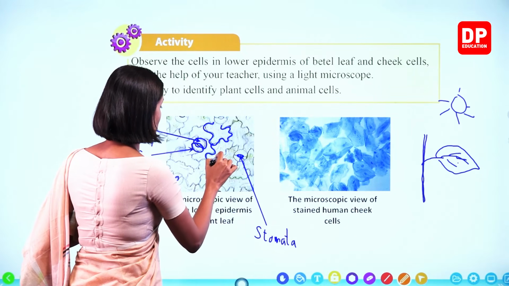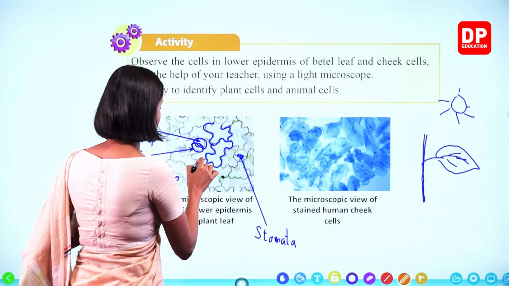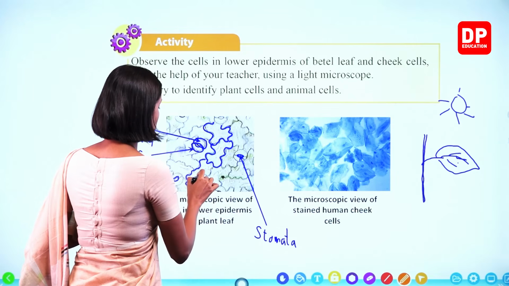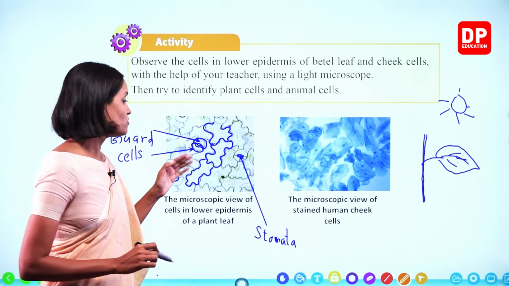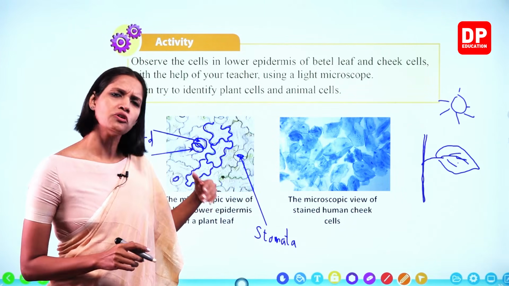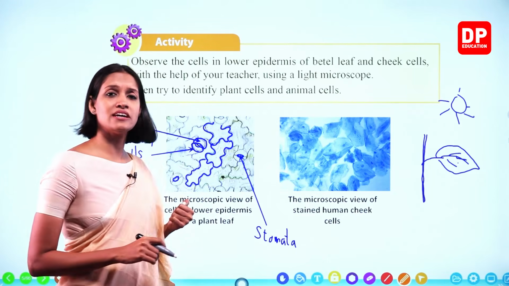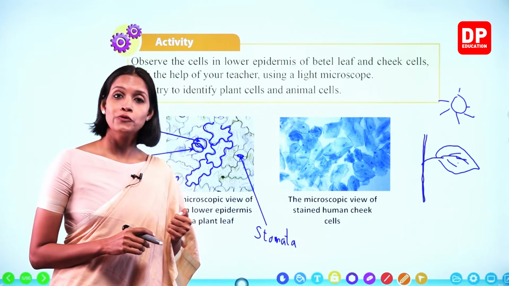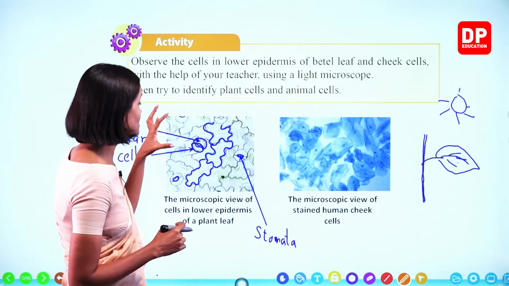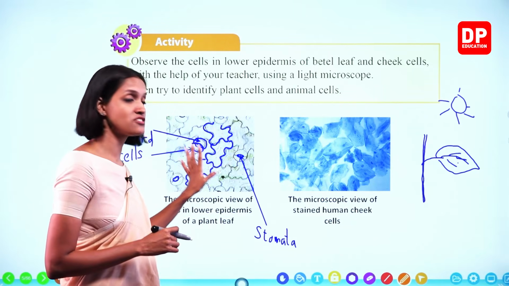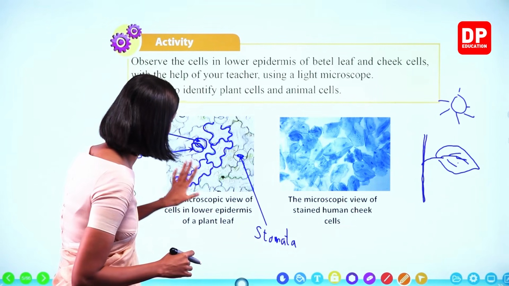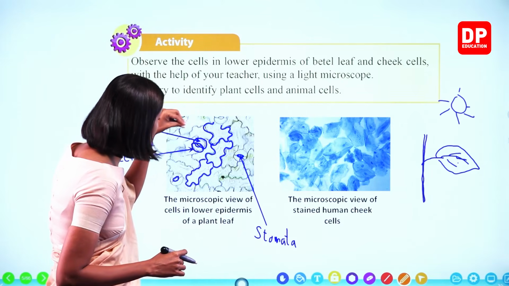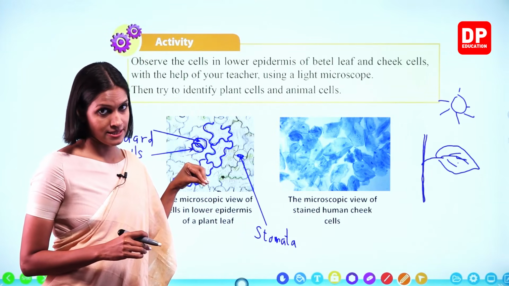The lower epidermis contains these types of structures, which means when we observe the lower epidermis, not only one type, we could see several types of cells. So, cell is a building unit of this structure. This structure is made by combining different types of cells.